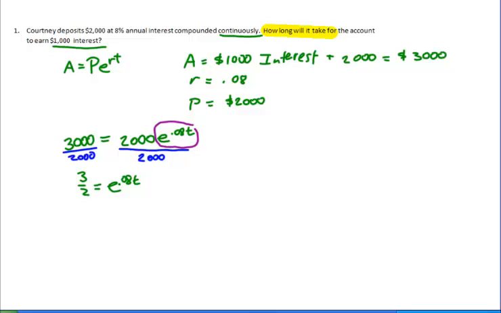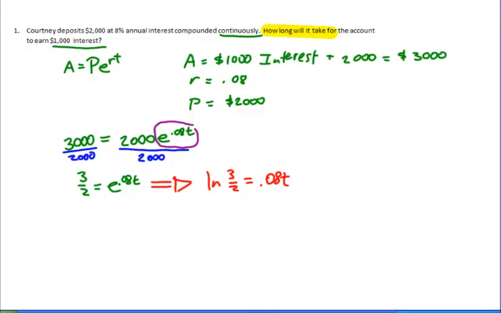So when this gets rewritten as a natural log, it's going to become the natural log of 1.5, or 3/2, is equal to 0.08t. Now remember, a logarithm is equal to the exponent. So our exponent in this case is 0.08t.